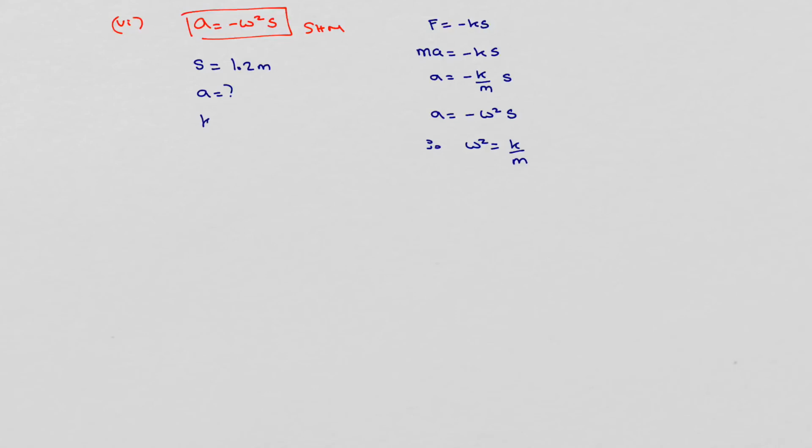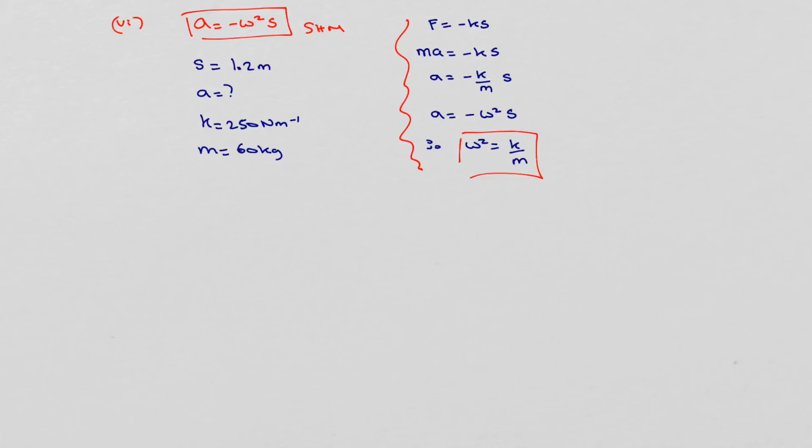We know that K is the elastic constant which we were told was 250 Newton per meter, and m is his mass, which is 60 kilograms. So you weren't asked to do that derivation, but you are needed to know that relationship.